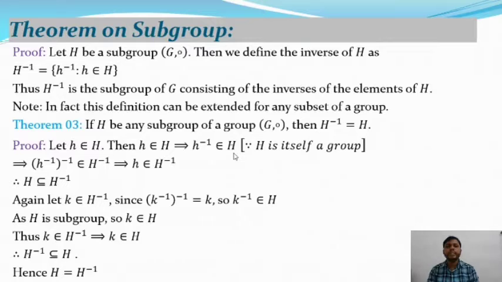You know H is a subgroup of (G, ∘), so (H, ∘) is also a group and it satisfies the following four properties: the closure property, the associative property, the identity property, and the inverse property.